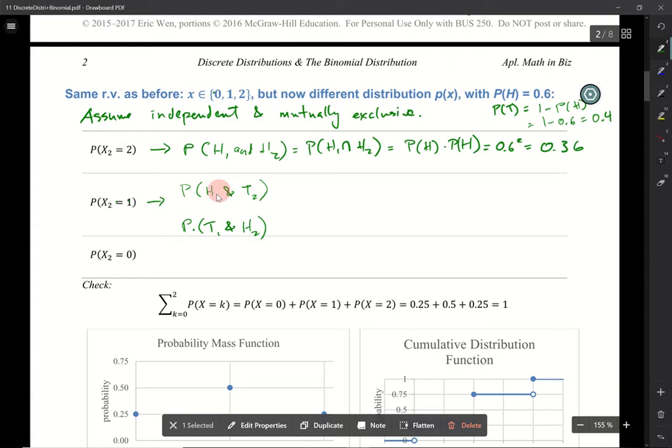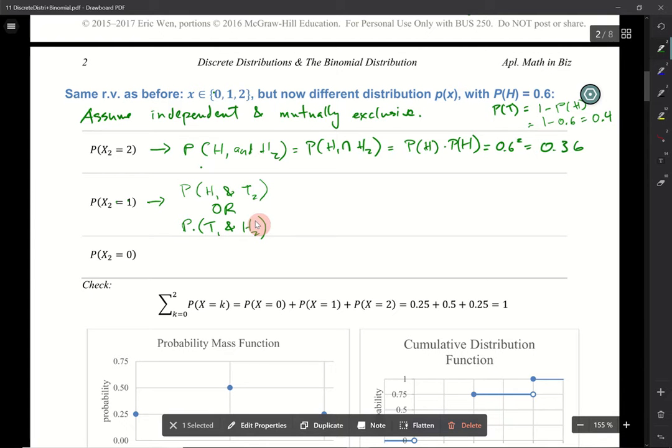So what about these two cases? We can take this one or that one. Or that one, right? So how can we get that on two tosses there's one head? We could have this case or this case, right?